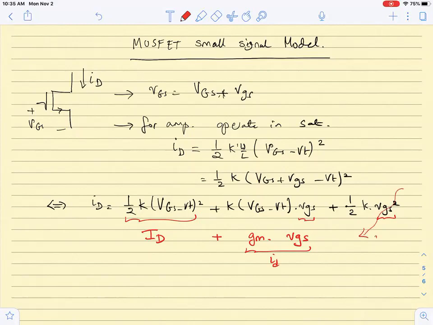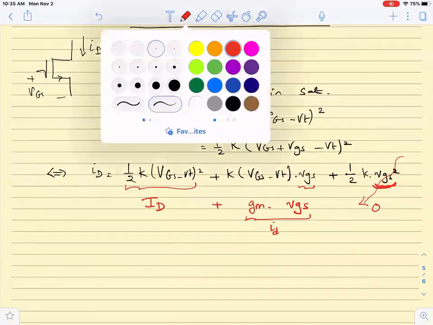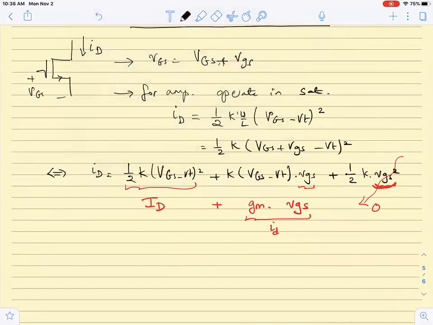The last term we will consider to be zero, because vgs is a small signal and its square is even smaller, so we are going to ignore it. So in the expression of ID, we are going to ignore the term half K times vgs squared, assuming that it is very small.